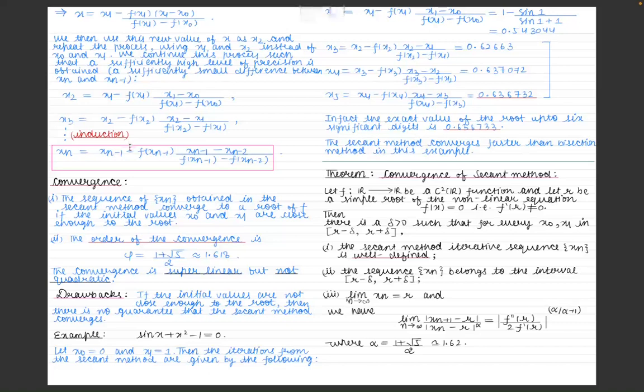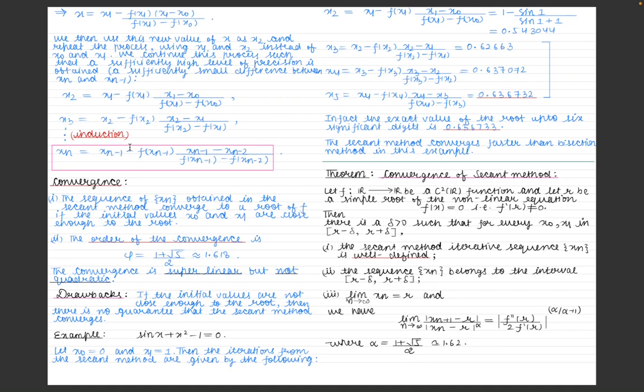So here is the formula for x2. Because x1 is 1, f of x1 will be sine 1, and x1 minus x0 will be 1, upon f of x1, which is sine 1, minus f of x0, which is 0.